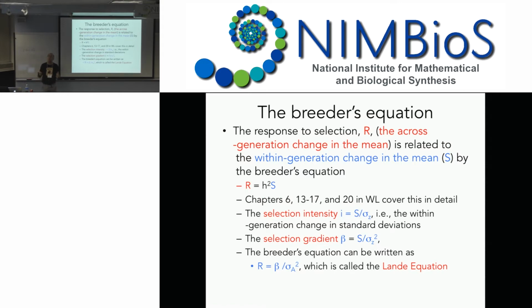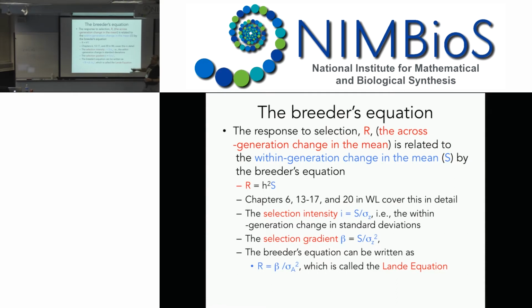Here is a population before selection. Here is the offspring of that population after selection. What's that cross-generation change? R. Well, that equals a within-generation change, S, times the heritability. So if the heritability is small, no matter how much you select, you get very little response.